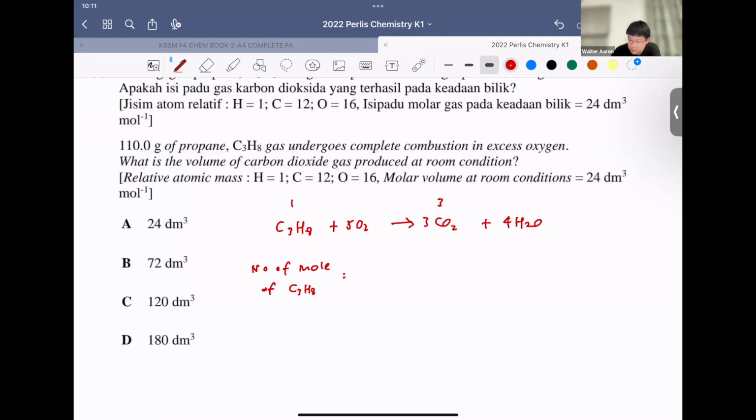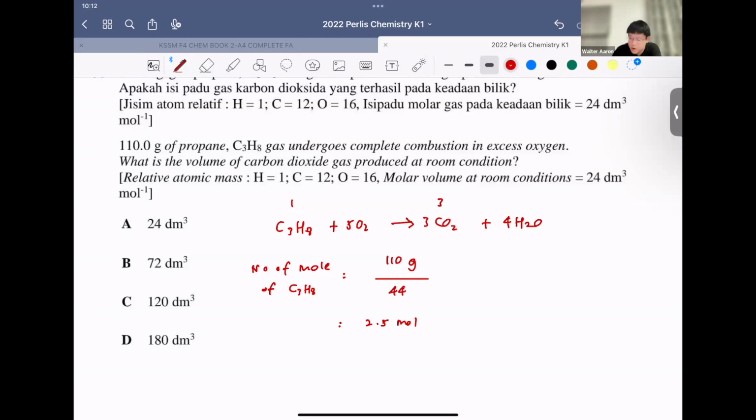The mass over here will be 110 grams divided by the Mr. So Mr will be 3 times 12 plus 8, so it'll be 44. Okay. So the answer now will be 2.5 mole. So the number of moles of C3H8 is actually 2.5 mole.